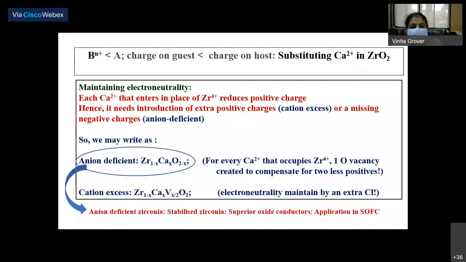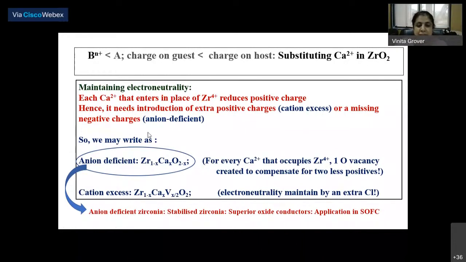Okay. Then we came to the next case. What will happen if the guest ion has got the lesser charge than the charge on the host ion. And therein we did the example of substituting calcium in place of zirconium in ZrO2.